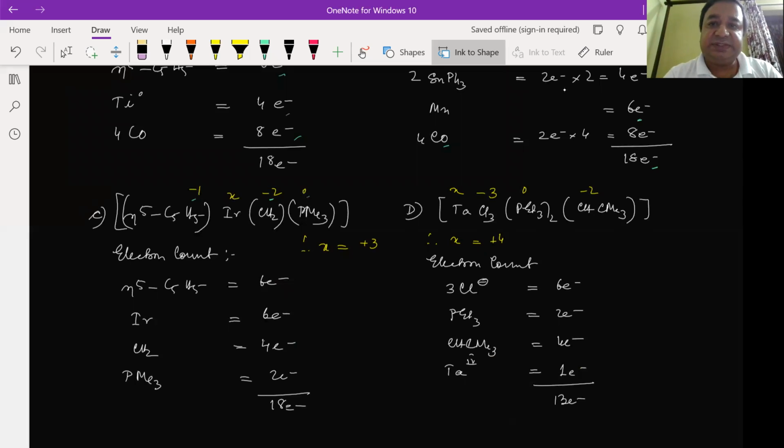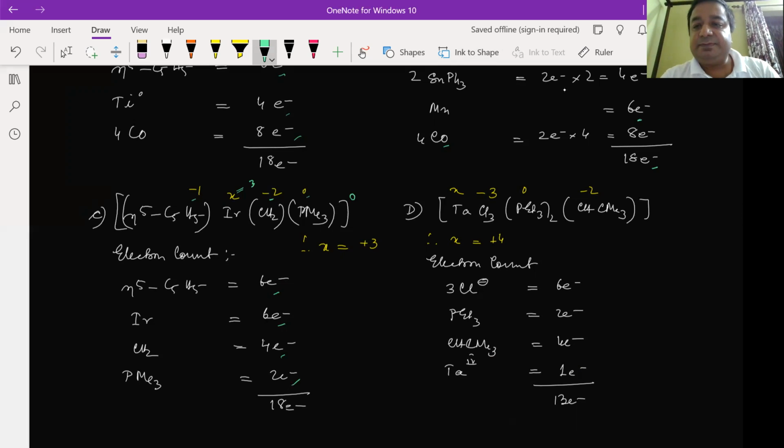If it is going to be 0, then obviously the oxidation state on iridium is going to be 3. That means iridium will be giving 6 electrons. Then eta 5 C5H5 is 6 electrons. For the CH2, it is 4 electrons. And for PMe3, it is a 2 electron donor. So altogether, we have an 18 electron system.